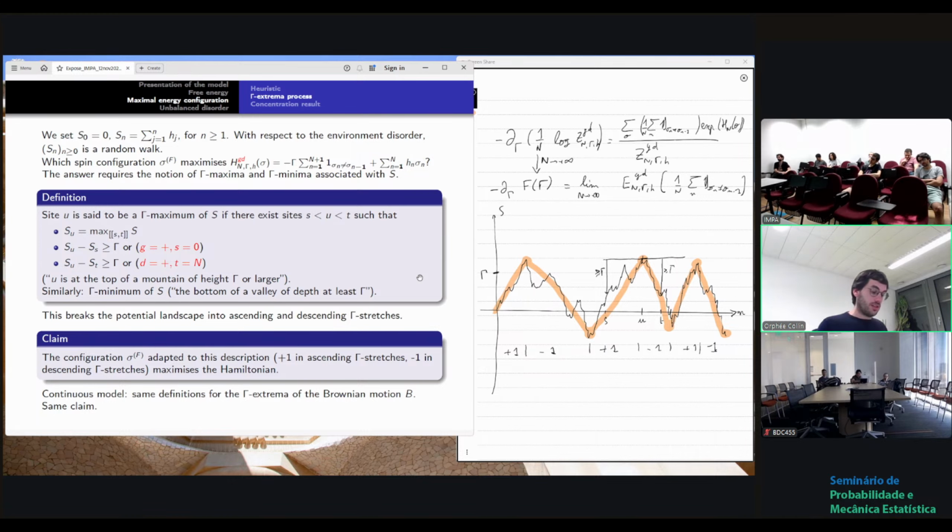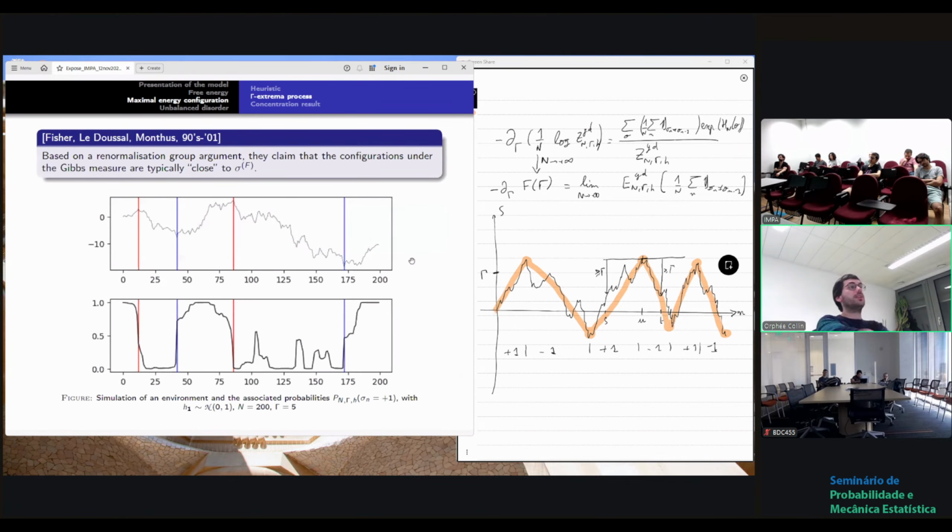In fact, this construction is quite interesting, and I'm going to talk about it a bit later. But now what we're going to see is that the typical configurations would be quite close to this maximal energy configuration.